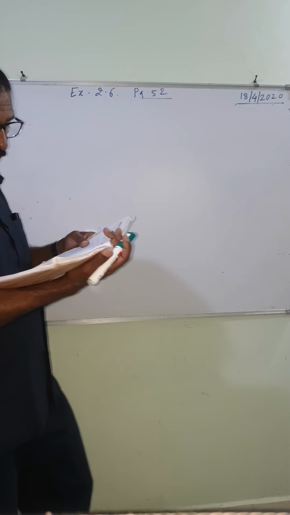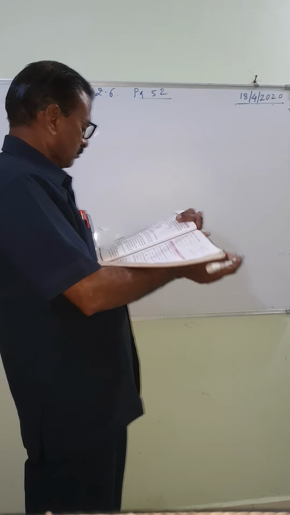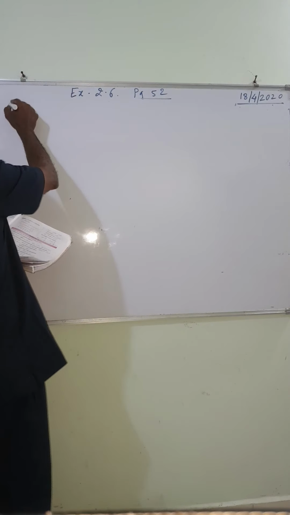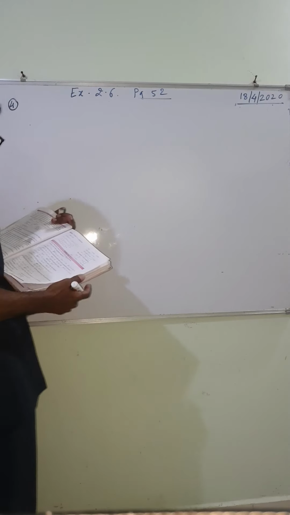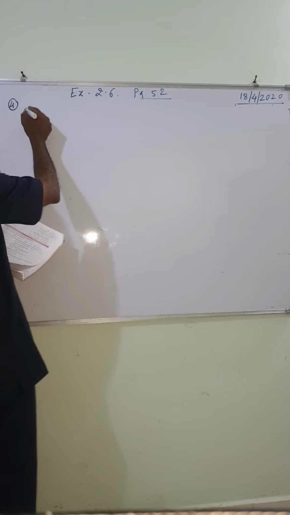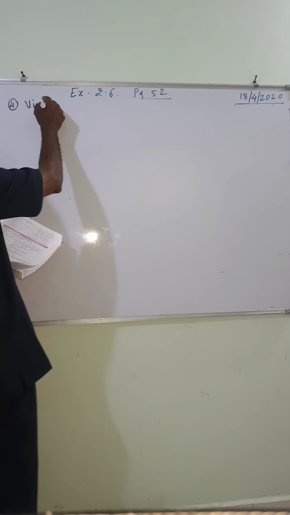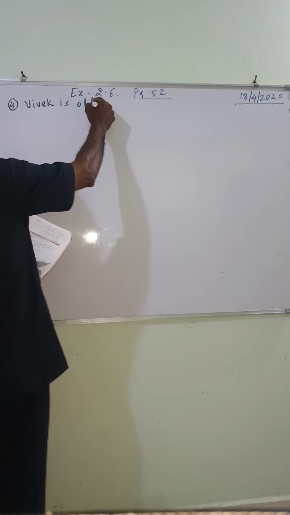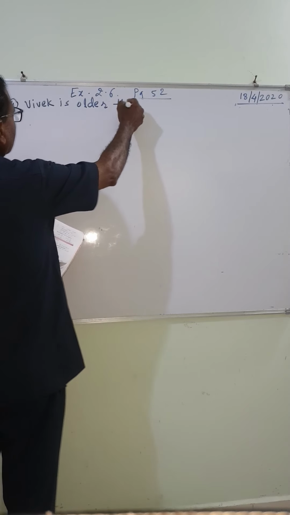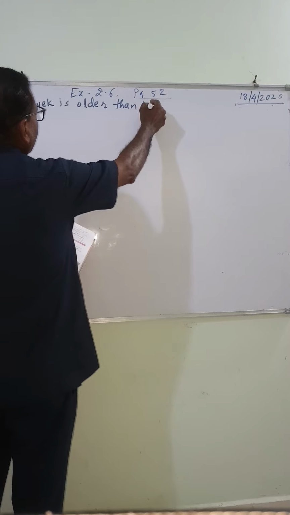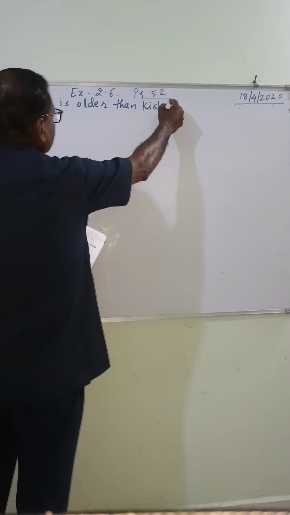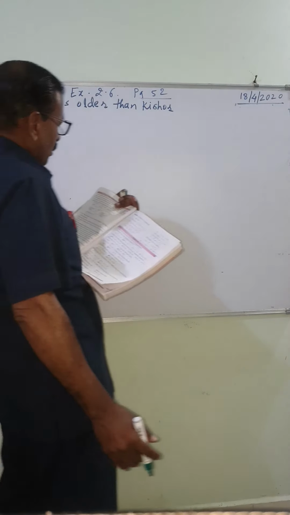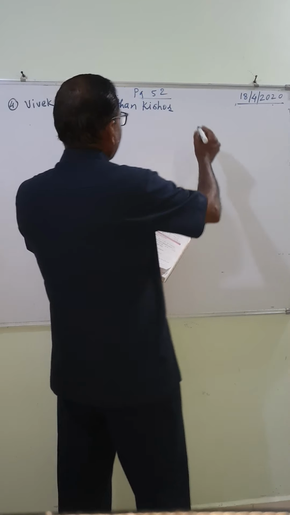Now the fourth question I should have taken. Fourth is also an important question. Vivek is older than Kishore by 5 years.